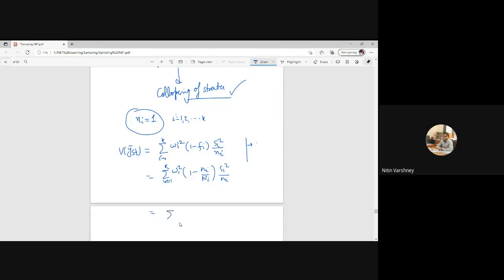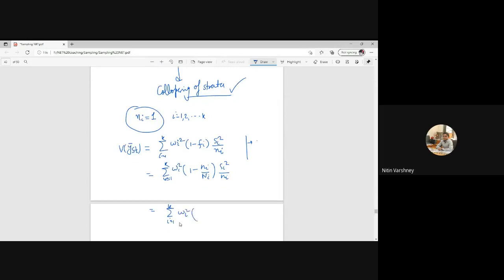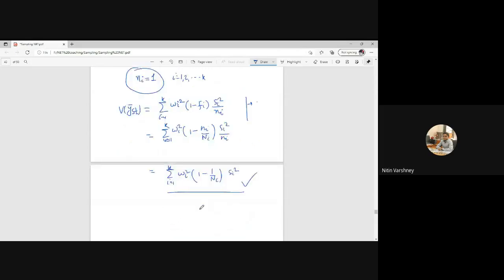So the sum over i equal to 1 to k of Wi square, 1 minus 1 upon Ni, into Si square. Okay, so this can be the format of the variance of y bar st in case of collapsing of strata.